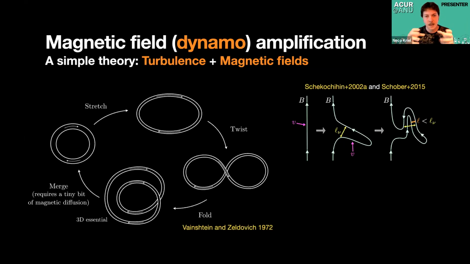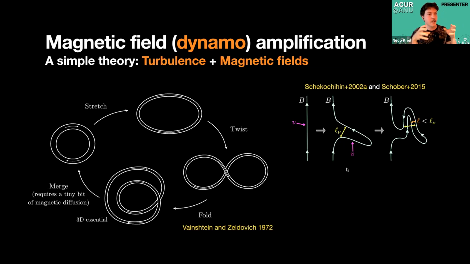What this theory predicts and describes is that these field lines, because they're so weak, are just being passively advected by the turbulence. And as this takes place, the magnetic field lines stretch, twist, and fold. And every time this process takes place, the magnetic field grows in strength. And in this theory, people have started making some very precise predictions about on what scales we predict magnetic fields should be concentrated.